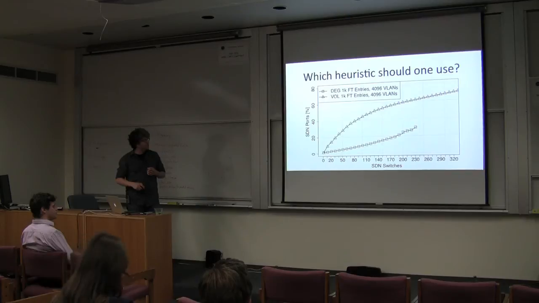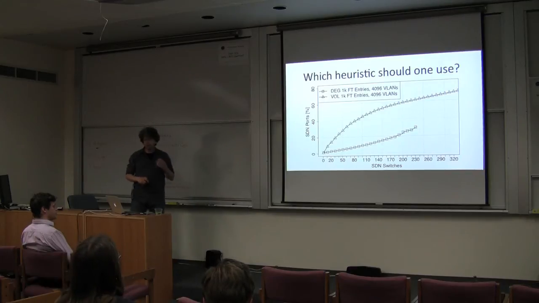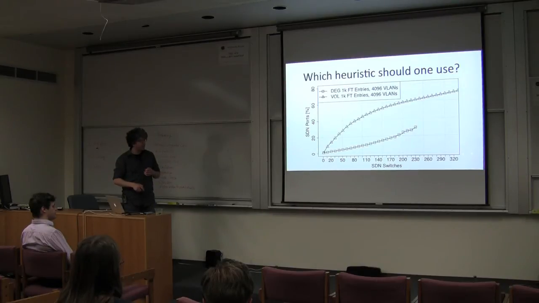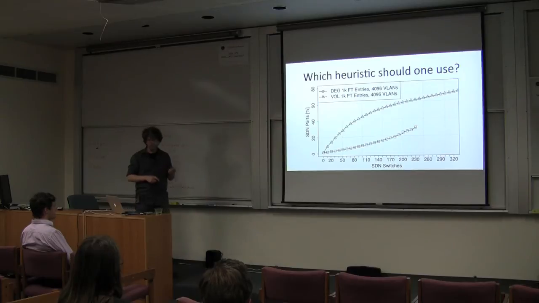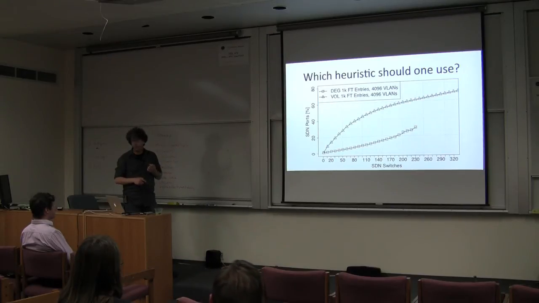approaches about 70% of all the available ports that we could expose through the SDN programming interface when we get to about 320 switches. So this is a significant fraction of the network, but we're really hammering ourselves with the assumption of very few flow table entries. And in addition to that, we're assuming an all-to-all communication pattern.